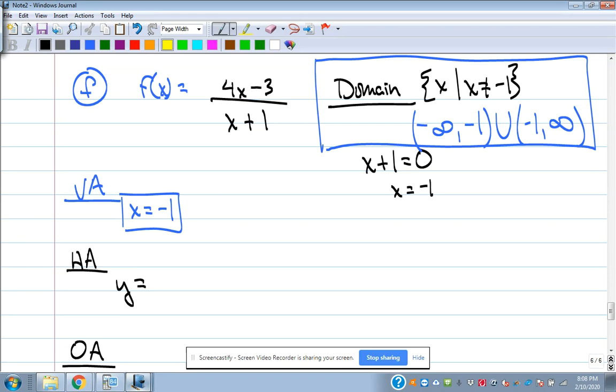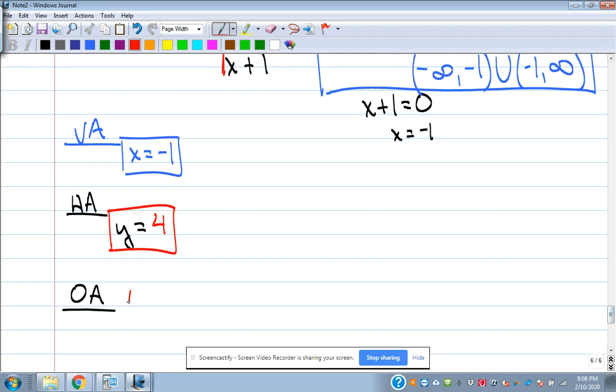The leading coefficients are 4 and that 1 that's in front of x. So it's 4 over 1, which is 4. And because we have a horizontal, we don't have any obliques. They can't exist together.